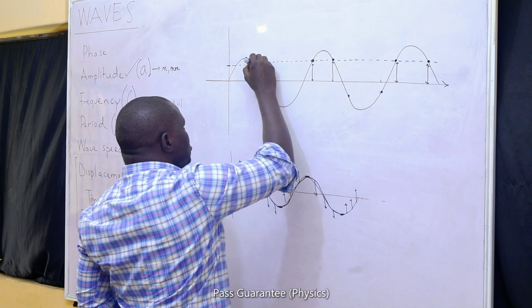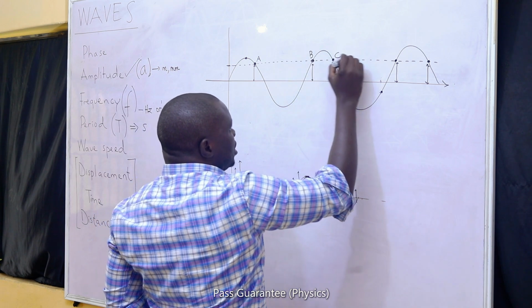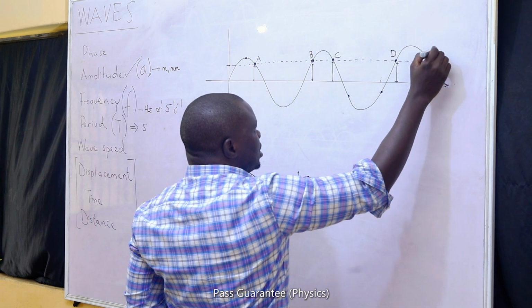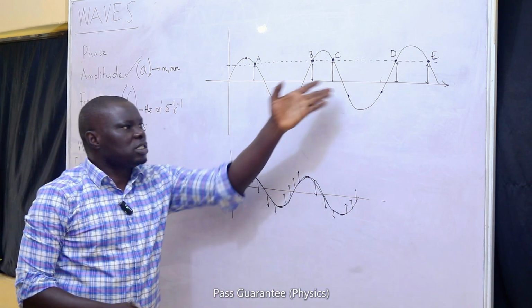If this is A, my reference point, this should be B, this is C, this is D, and this is E. So now I can ask you, which of all of these points is in phase?